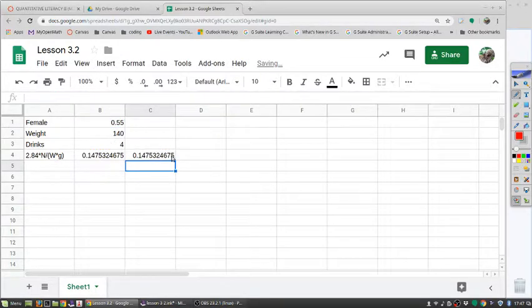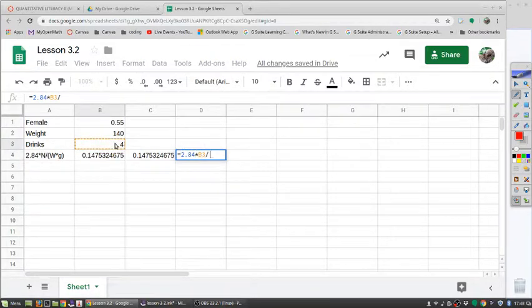And you can see I get the same exact number. If I try to do that completely without parentheses, things aren't going to go my way. So 2.84 times the drinks, and let's suppose I do a divide, but I don't put a parentheses, and I take the 140 times the 0.55, I get a different number that time.